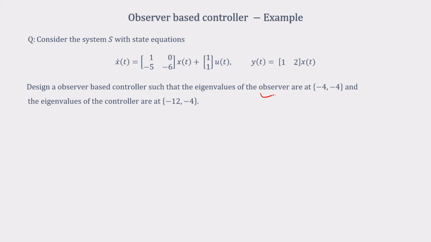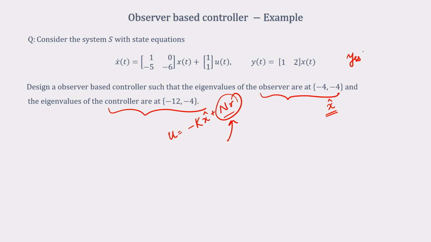So, you can see I am designing two systems, one is an observer and one is a controller. The observer will help me get x hat and the controller will then use that x hat to implement this control law. Of course, N is not being asked here because I have not told what will be the steady state value of the output. This information is not given to you. So, in this example at least I am not trying to implement this full control law. I am implementing only u equal to minus K x hat.